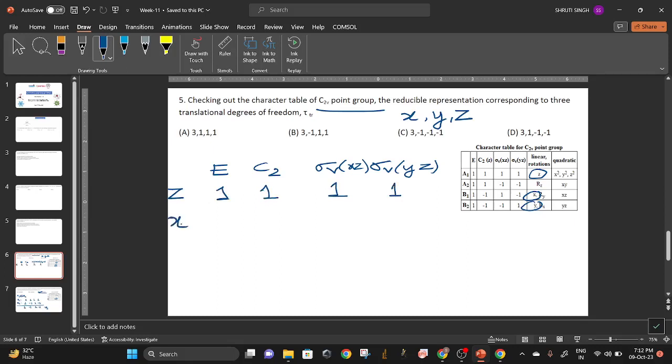Now for X, what shall I write here? X gets transformed. For E it will be 1, because under identity nothing changes. Under C2, x becomes minus x, so it will be minus 1. This is 1, this is minus 1. This is the molecular plane.